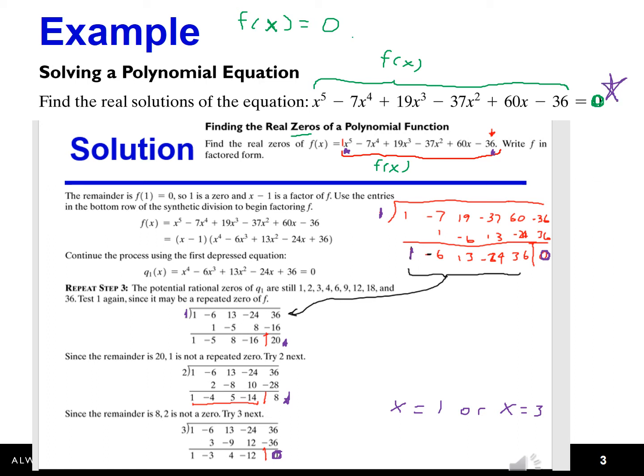So if you have a higher degree equation, it takes this process of using the Rational Zeros Theorem, getting all possible rational zeros, and maybe looking at a graph, reducing the thing to enough so that you can use known methods from the past, quadratic formula, whatever, to get the remaining solutions.